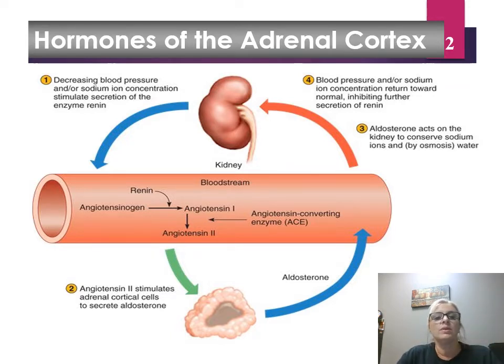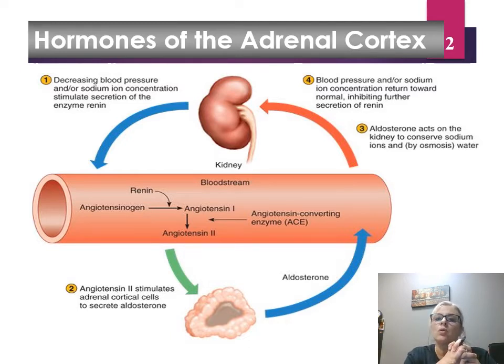First, it's going to decrease blood pressure and sodium ion concentration, and that stimulates the secretion of renin. All right. Renin then is going to trigger angiotensin II to stimulate the adrenal cortical cells to secrete aldosterone. Then aldosterone acts on the kidney specifically and tells it to conserve or to hold on to sodium ions and therefore water, because remember, water follows salt.